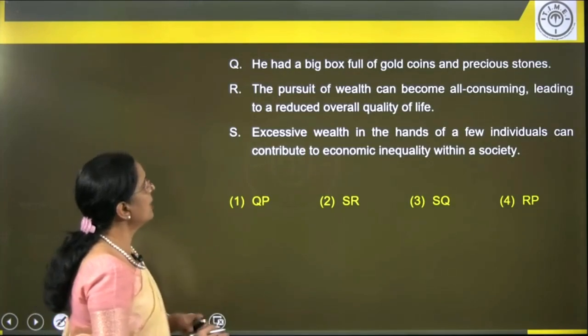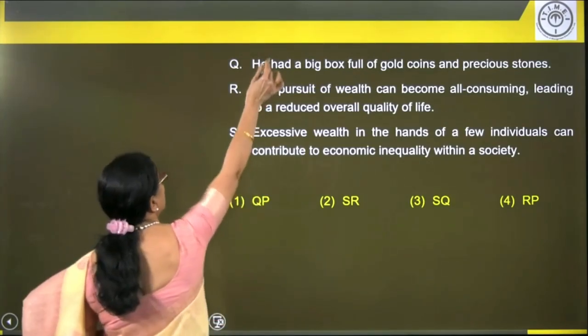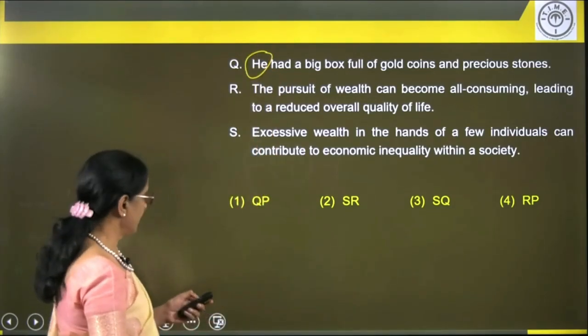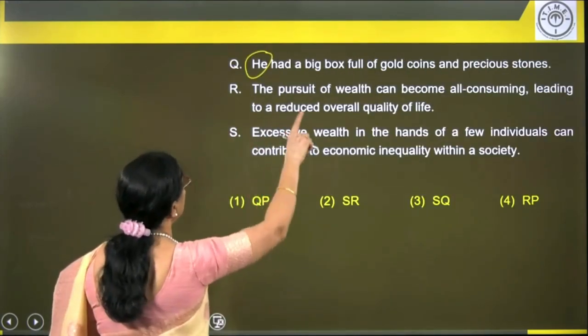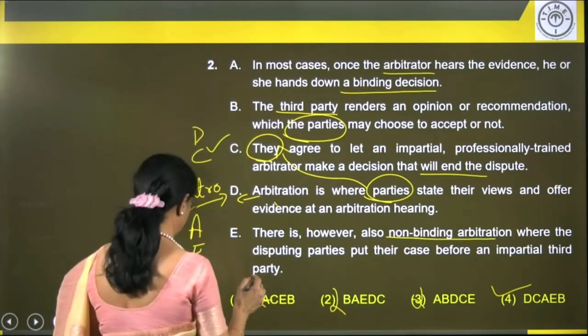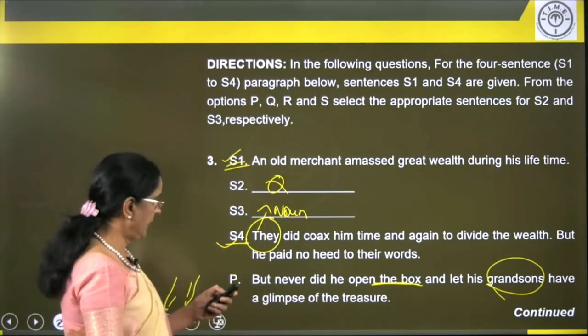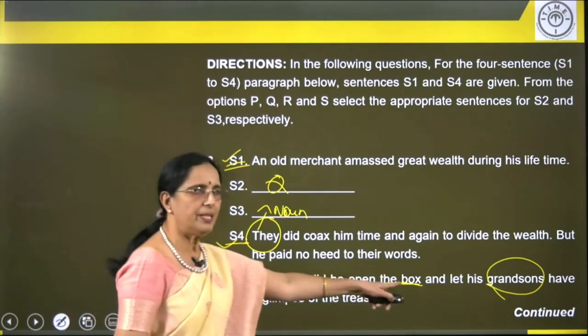He had a big box full of gold coins and precious stones. Who is he? Pronoun. The old man. So let's go back. Can I take that here? He had a big box. Yes, Q. He had a big box with precious stones. But never did he open the box.